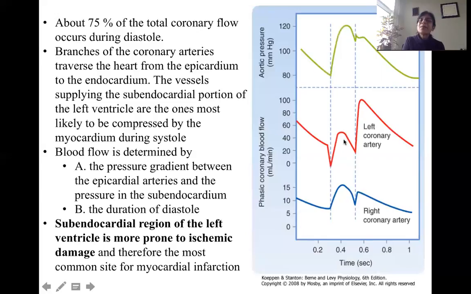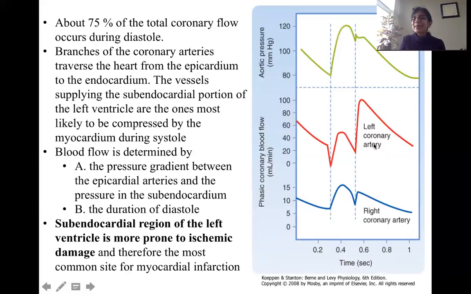Okay, so now we're talking about blood supply to the left ventricle. Look at it. It is less blood supply during systole, and then when the ventricles are in diastole, so this is systole, so it has to follow with diastole, and that's what we're talking about. So during diastole, there is greater blood flow to the left ventricle.